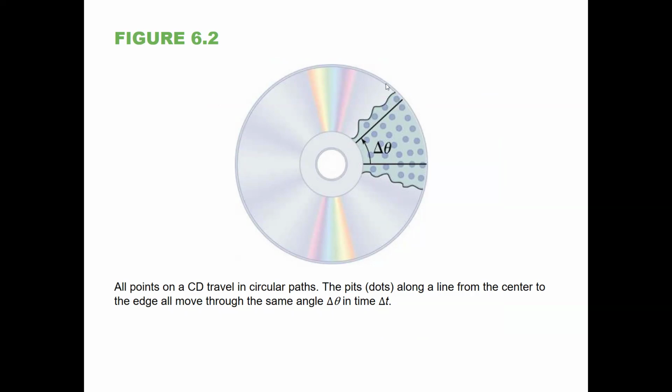All the points are rotating around this axis. So that's rotation. If you are on a circular track and you are jogging around in a circle, that's an example of rotation.